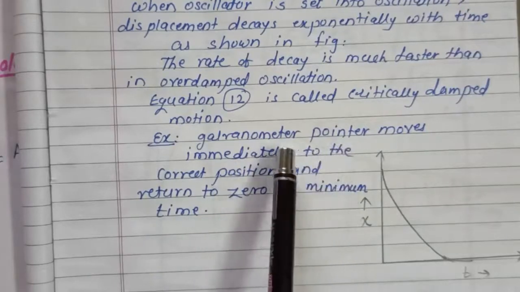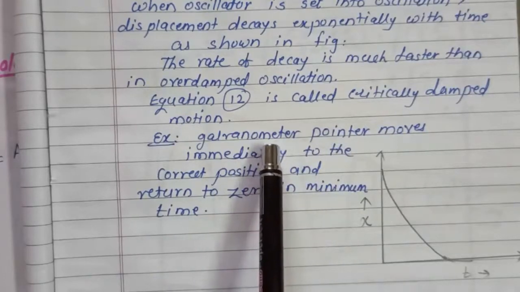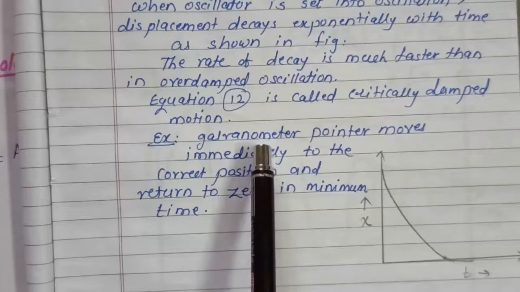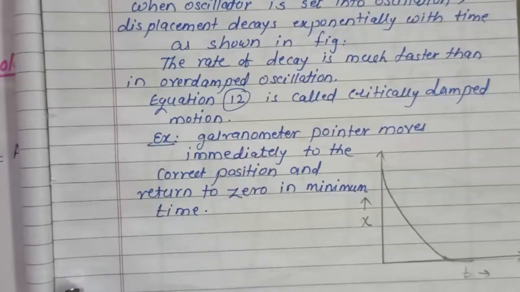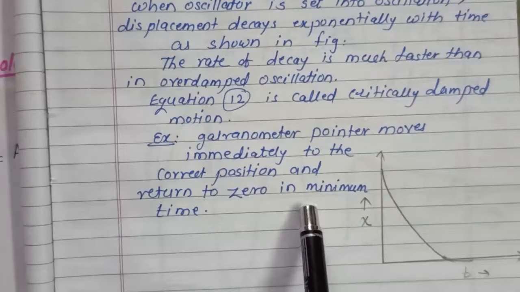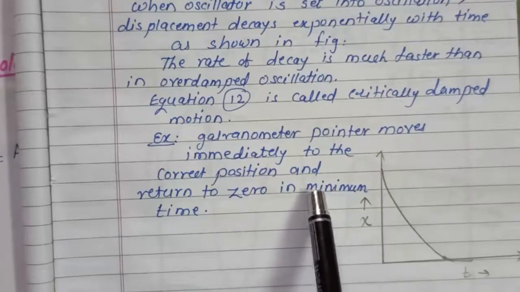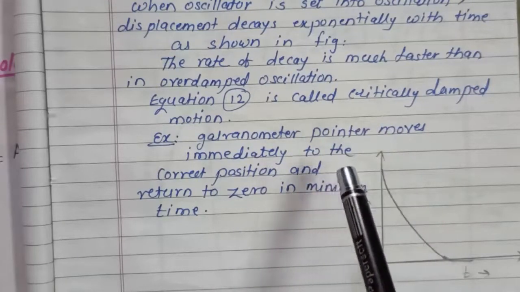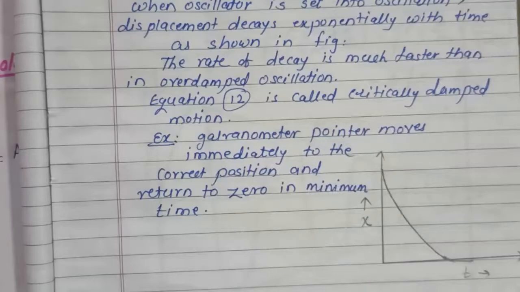In a galvanometer, we see critical damping or critically damped oscillation. In case first, overdamped oscillation, and in case second, critically damped oscillation, both are non-oscillatory motion. The system cannot even complete one oscillation.